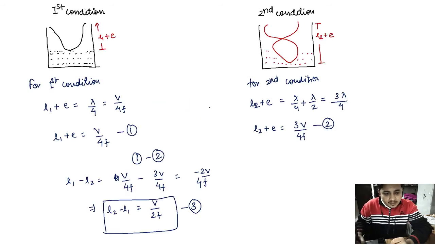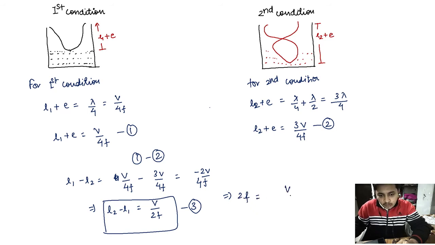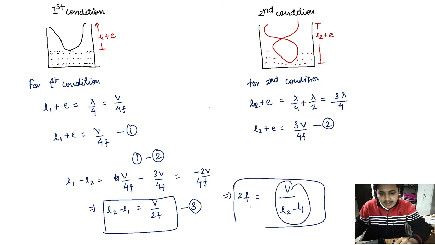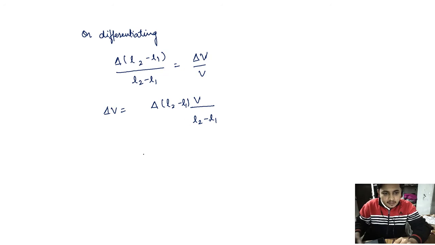So from equation 3 we can write the value of 2f, that means 2f is equals to V by L2 minus L1. So we can write 2f in this equation. So delta V is equals to delta of L2 minus L1 into 2f.